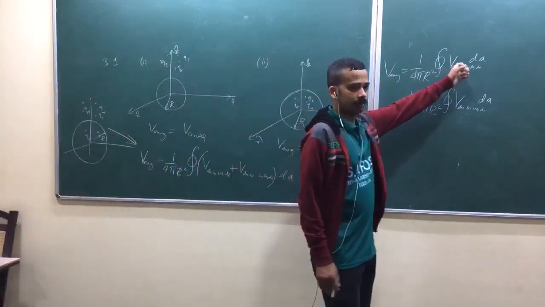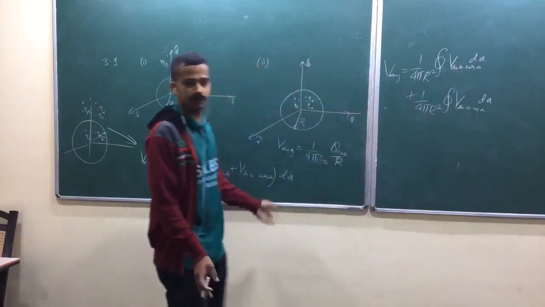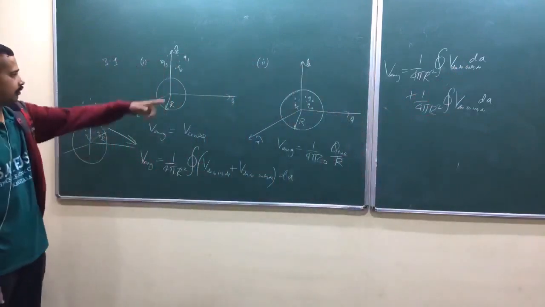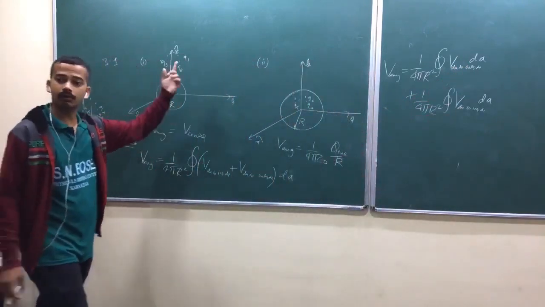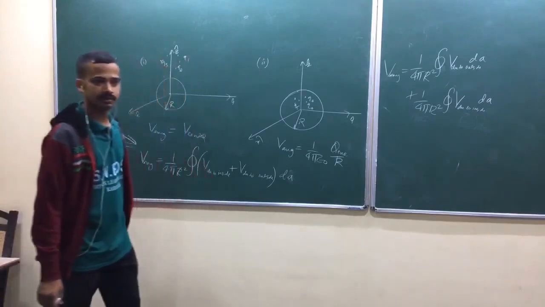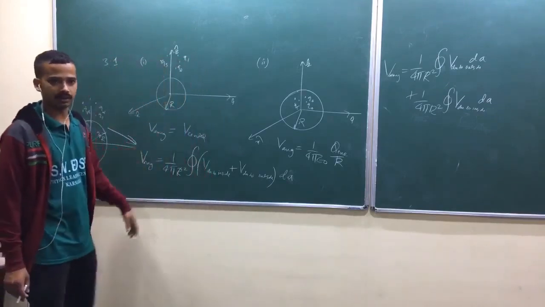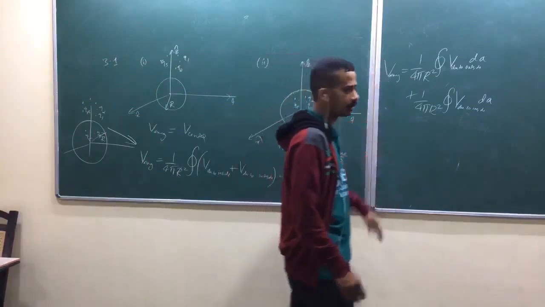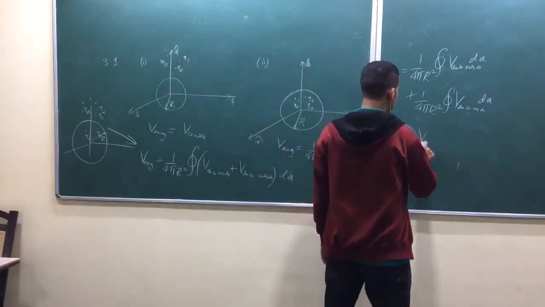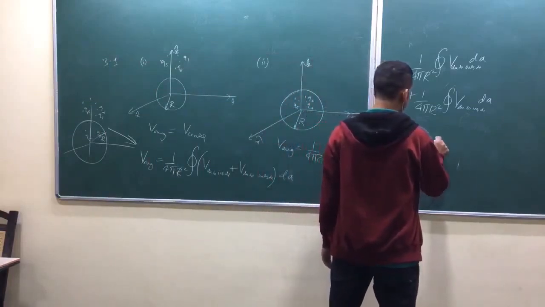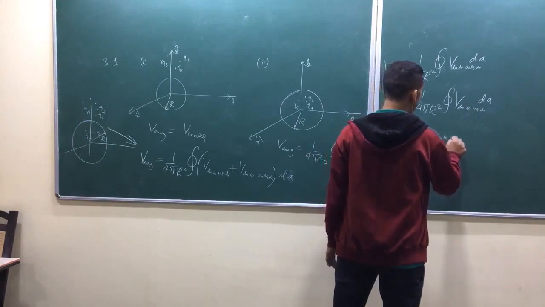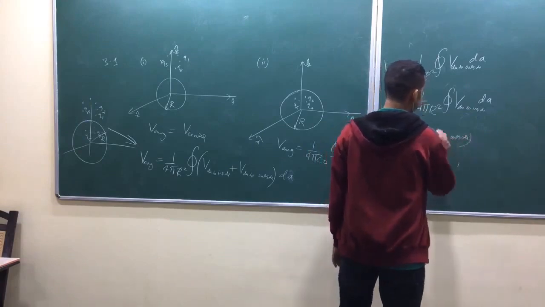Now we know this one. This will give, again, by our superposition principle, the potential at the center due to outside charges. Look at this configuration, isn't it? Obviously, mathematically, that should give the potential at center due to outside charges. This one.